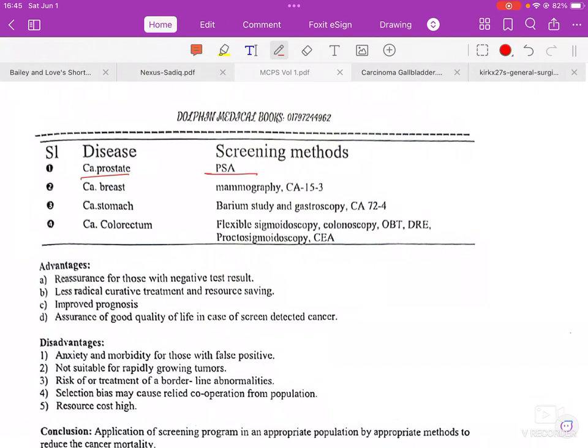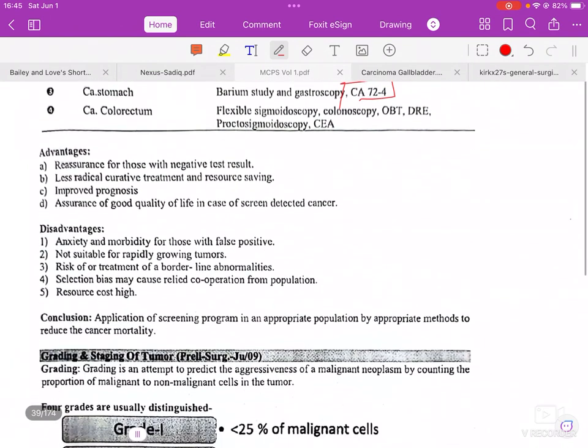For CA stomach, barium study and CA 72-4. For CA colorectal, flexible sigmoidoscopy, colonoscopy, occult blood test, proctosigmoidoscopy, and carcinoembryonic antigen. These all are very important for CA colorectal.